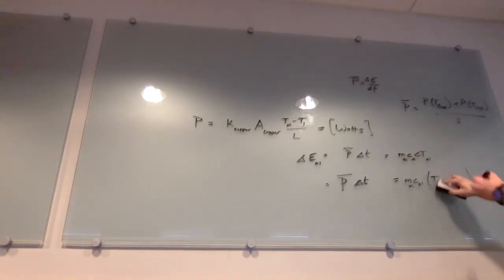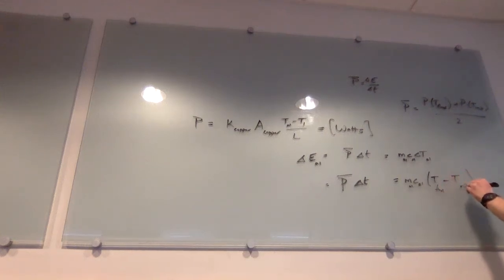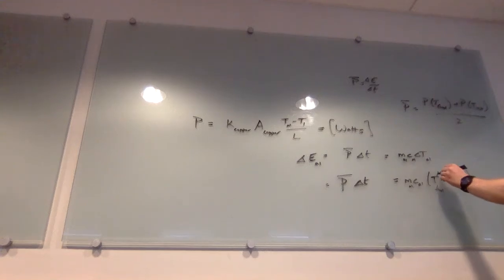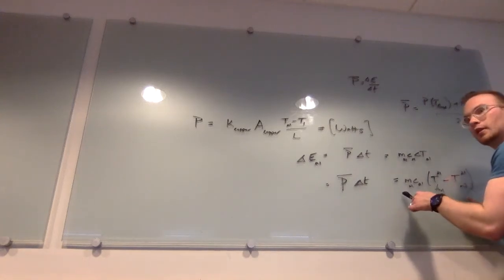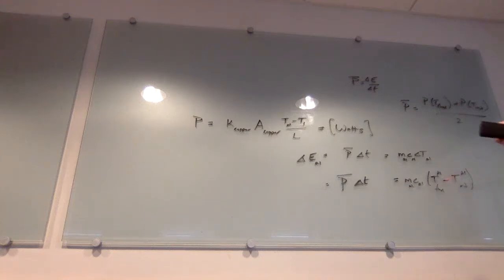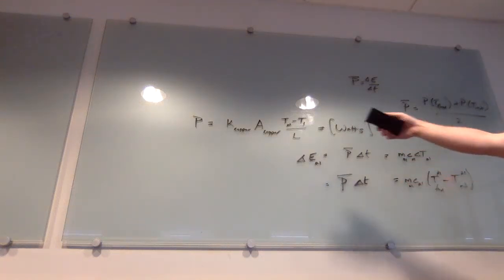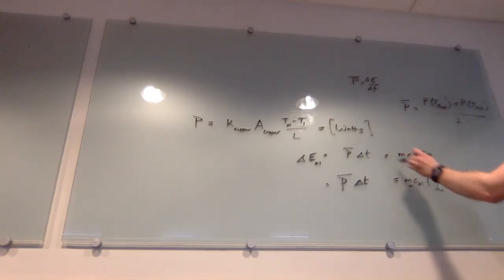This is going to be final and this is going to be initial, of the aluminum, and that would be the heat that the aluminum gains on being heated. This is the heat gained by the aluminum.